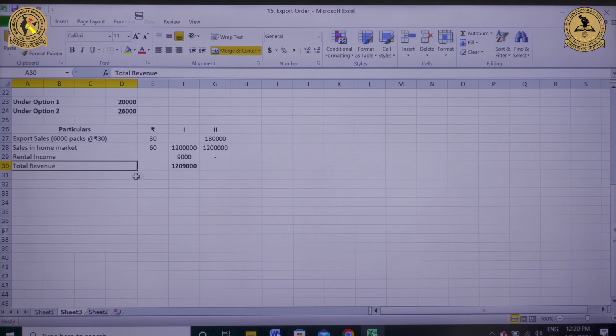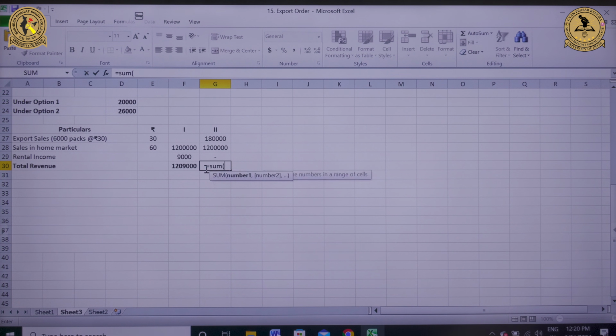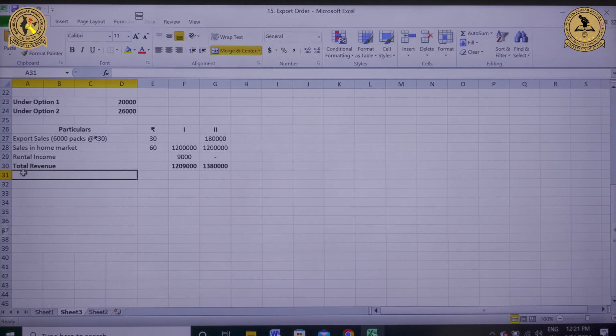So my total revenue will be 12,09,000 rupees in option 1, and in option 2 equals to sum, bracket open, select this cell and press enter. It comes out to be 13,80,000. So in this way I have calculated my total revenue in both the options, option 1 and option 2. Now I need to note down the cost.